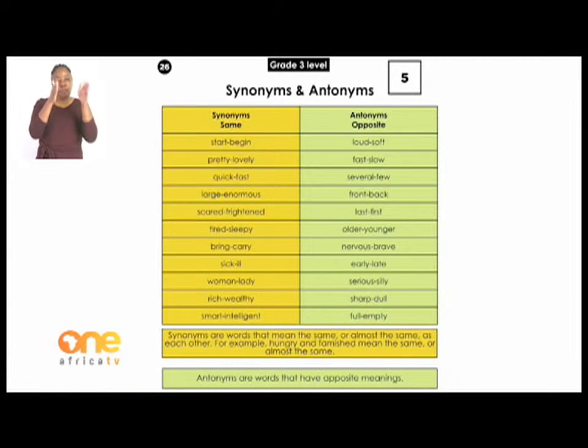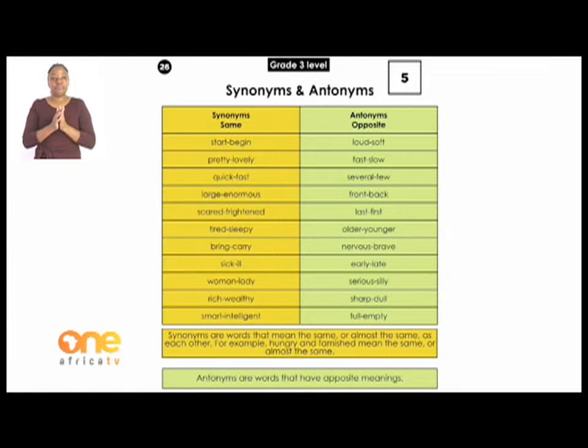Now, a synonym is a word that means the same or almost the same as another word. You can see that in the yellow column, all the words that are there mean the same as another word or almost the same. Start can mean begin. Pretty can mean lovely. Quick can mean fast.